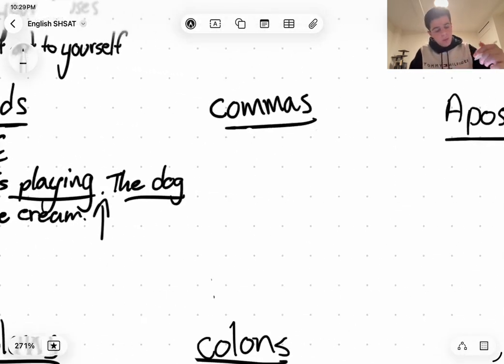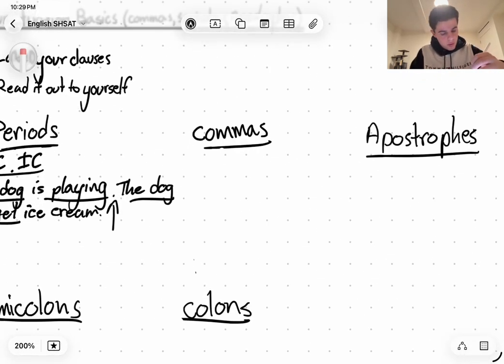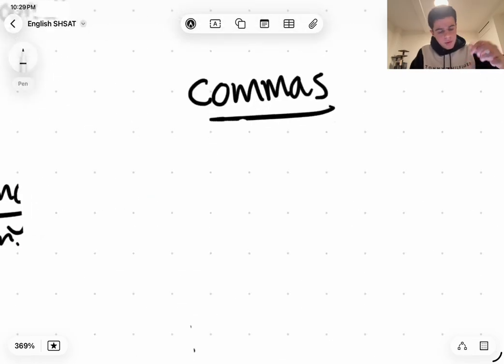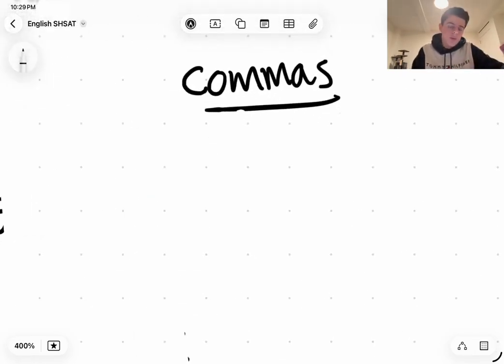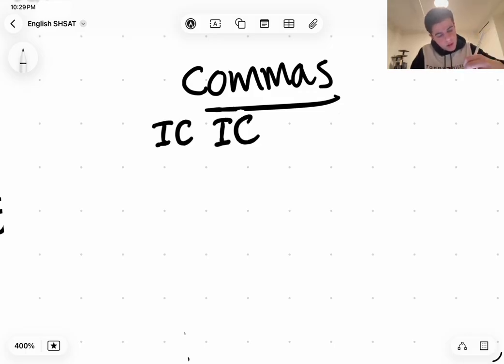Okay, so let's go on to commas. Okay, so commas, we have multiple uses. So first thing is that we can use them for conjunctions. So when we use them to join two independent clauses together, we can use a comma and a conjunction, okay?